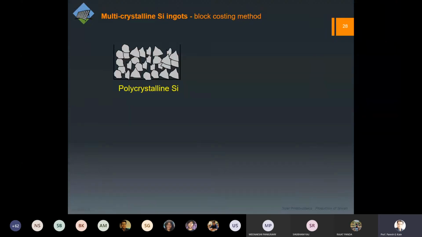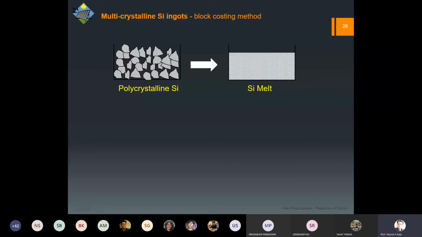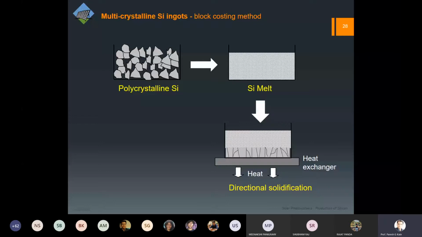Anyway, so these ingots can be obtained by something called the block casting method. So you take this polycrystalline silicon, which we have obtained in the second step, then you melt it. Now when it melts and when you try to cool it, again directional solidification happens.